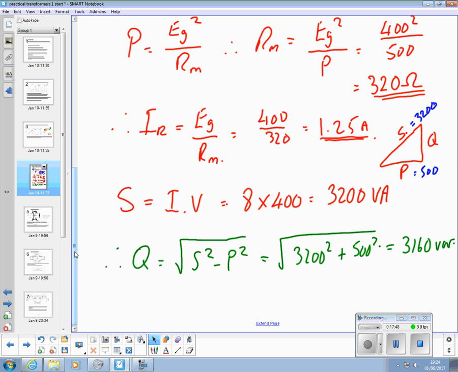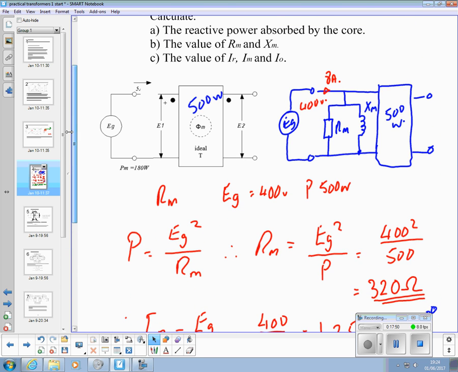So go back to here, this inductor is 3160 var. That's got a 400 volt supply across it.